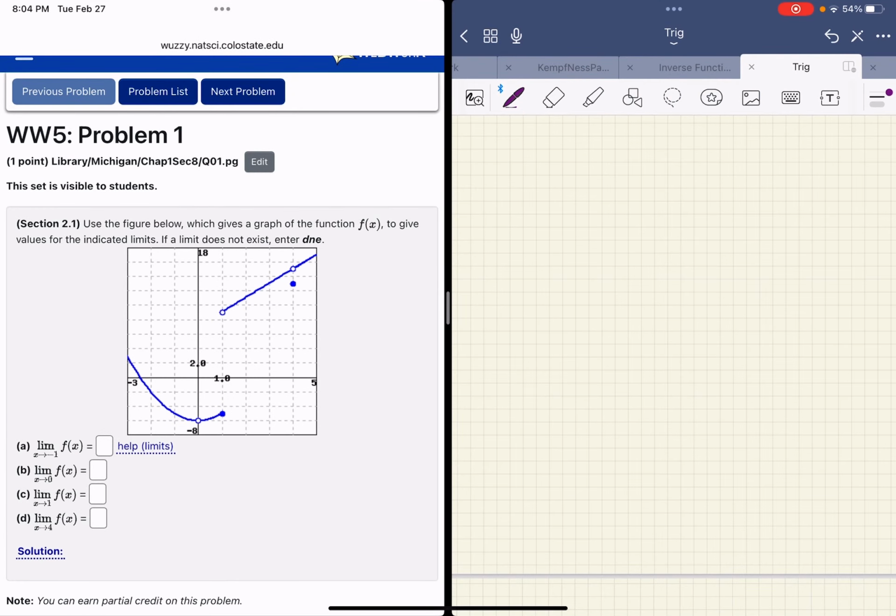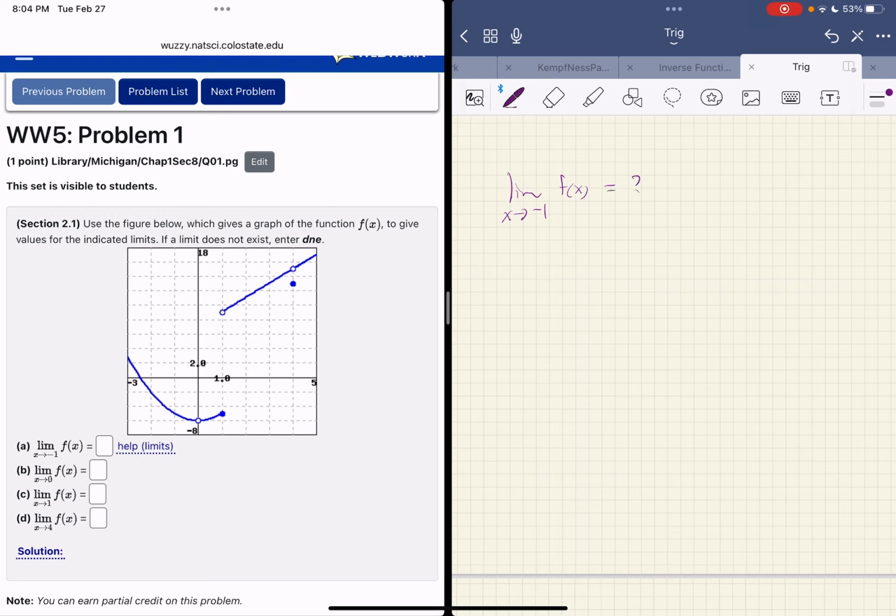So, problem one, there is an idea of limit, and the limit is asking, like, what's your best prediction, or what does it look like it should be? So, limit as x goes to something, we'll say -1 to make it match my problem, of f of x is equal to something.